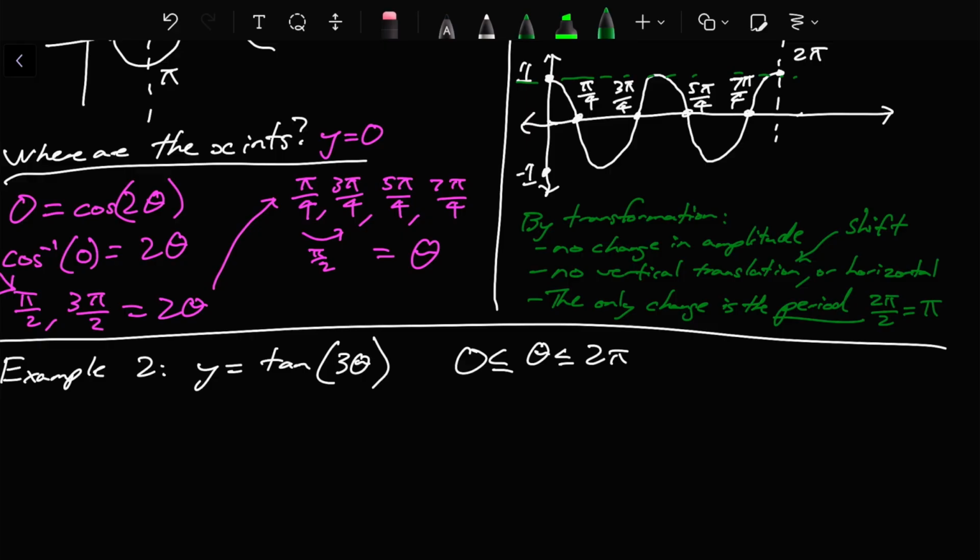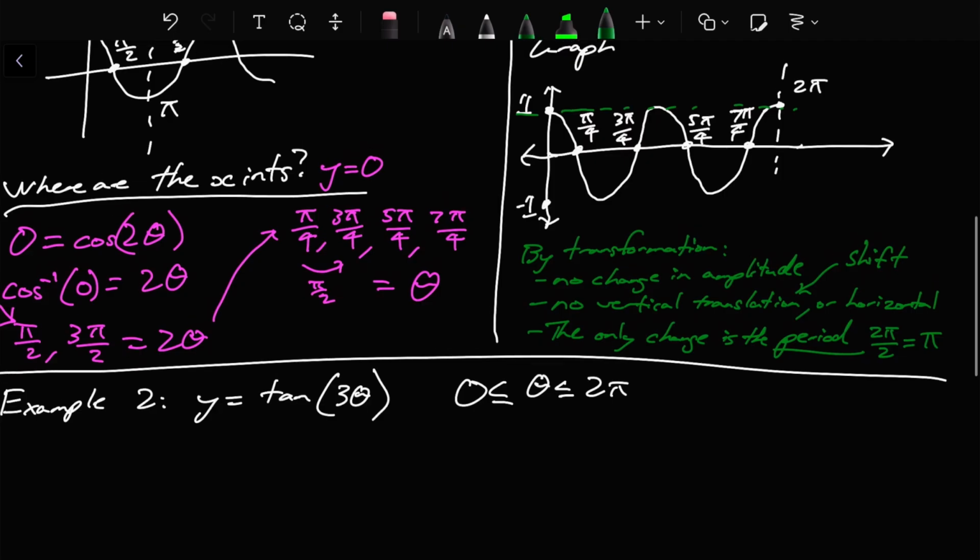That tells us that our graph is going to repeat itself every pi intervals instead of every 2 pi intervals, which makes sense because this line here is exactly pi. So you could use those transformations to figure out what the graph is actually going to look like. And that might be a bit more helpful later when the algebra gets a bit tricky.